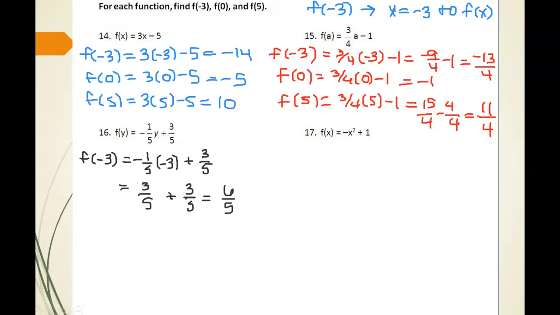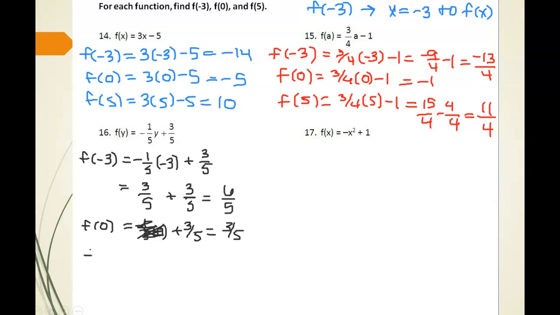When you have common denominators, you add the numerators. The denominator stays the same. F of 0 says negative 1/5 times 0. Well, anything times 0 is 0, so that cancels out. Plus 3/5. So f of 0 is 3/5.